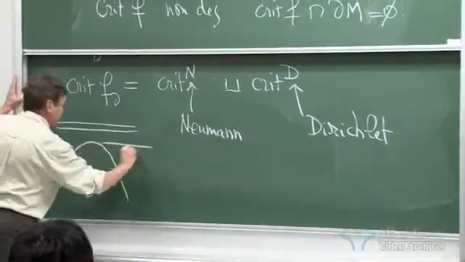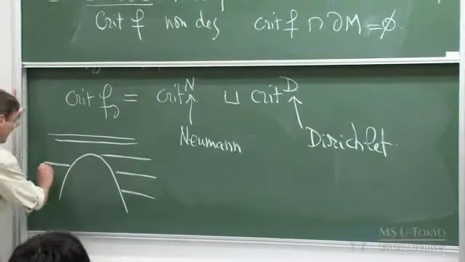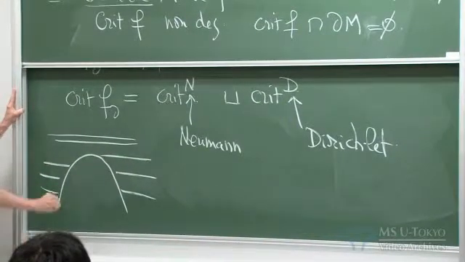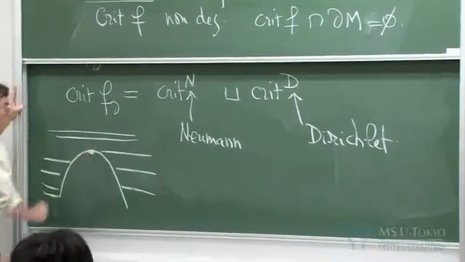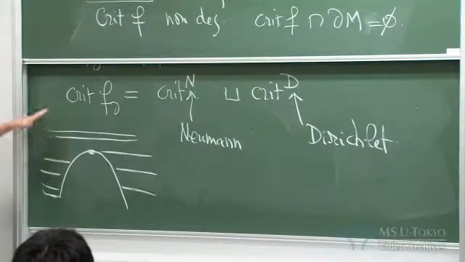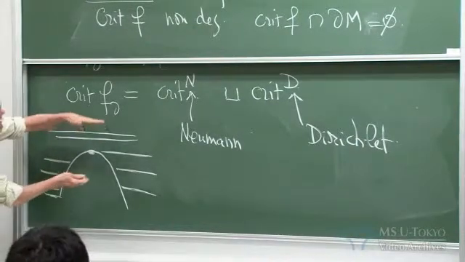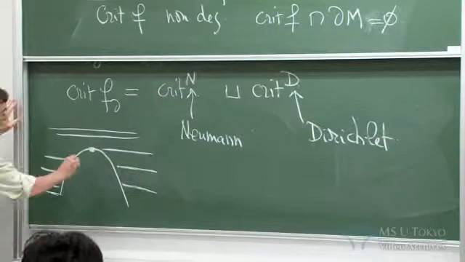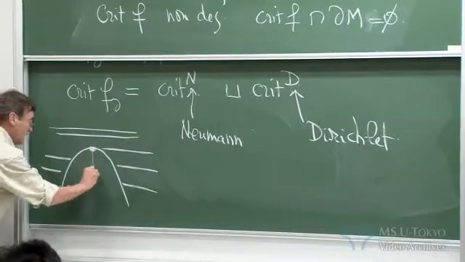The manifold is here, the boundary is here, and here you have a critical point P of the height function.